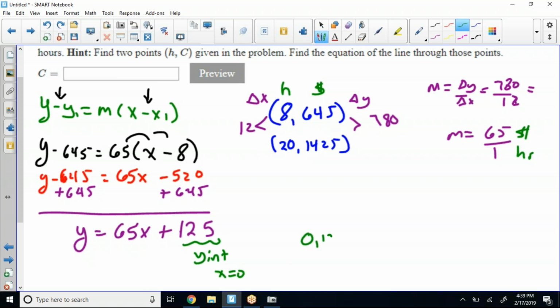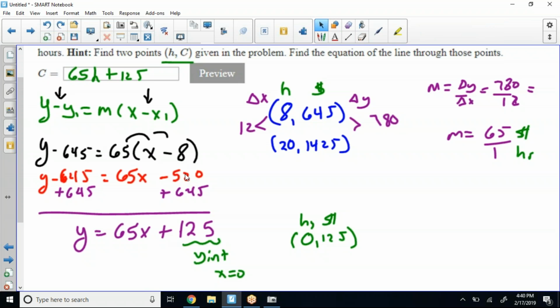So at 0 hours, it costs $125, right? So that makes sense of what we got. Now, I can't put it in y equals, so it's going to be cost equals 65h plus 125. So make sure you put it in terms of h and c, and you should be okay.